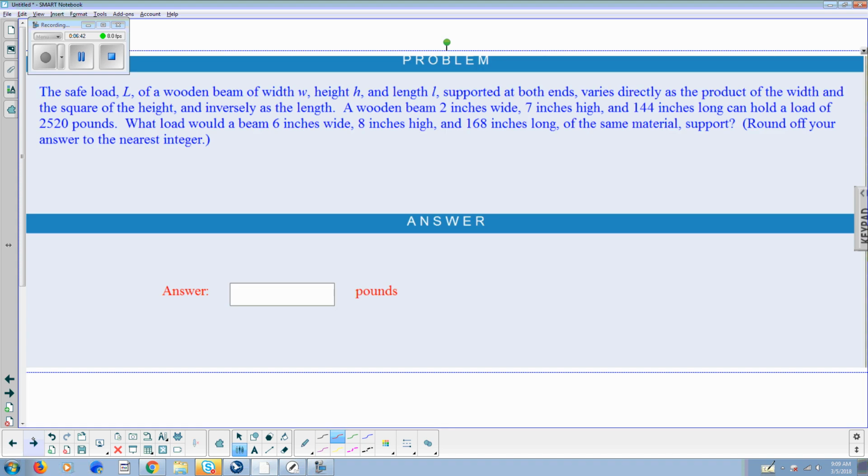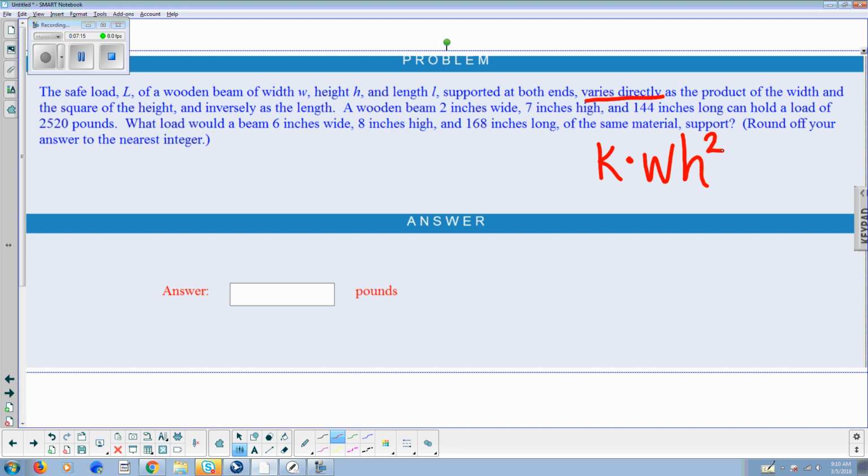The safe load L of a wooden beam of width W, height H, and length L, supported at both ends, varies directly. Pause. Varies directly. That is going to mean K times the product of the width and the square of the height.